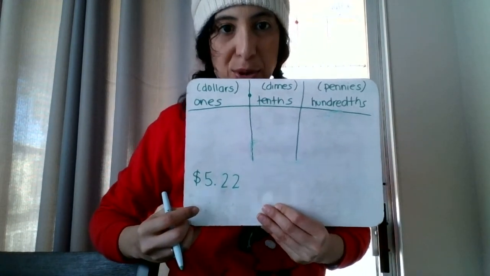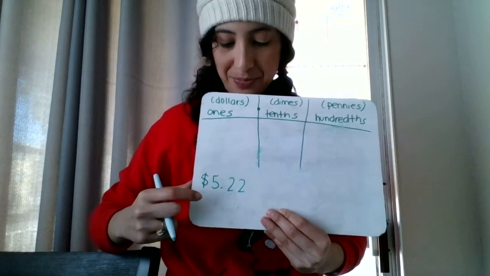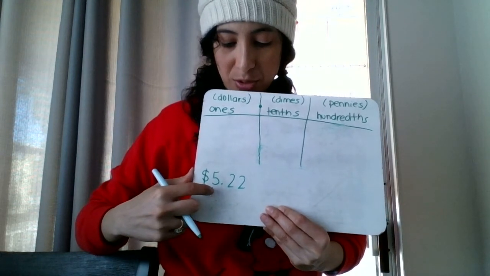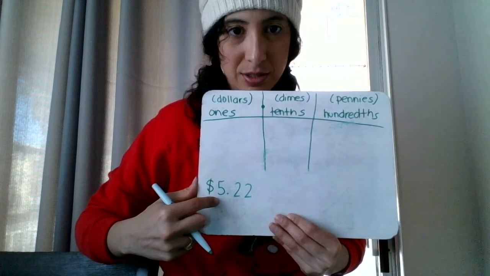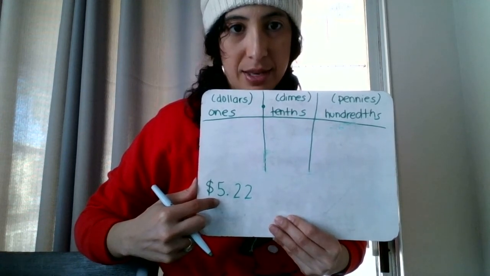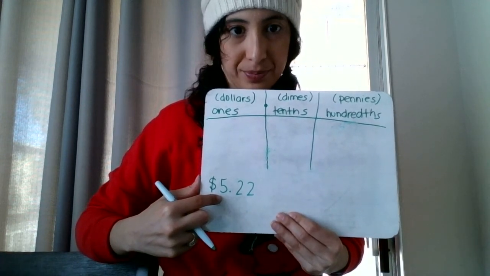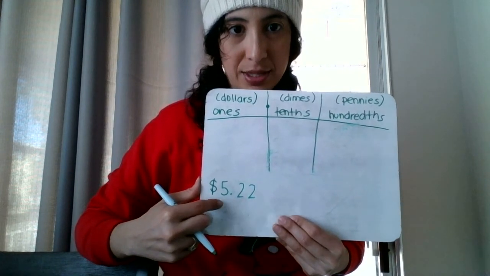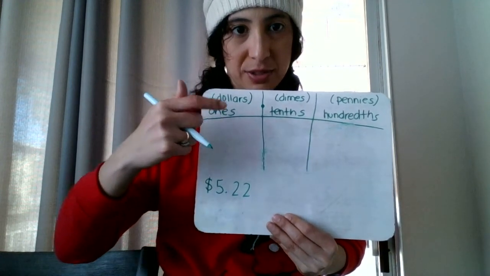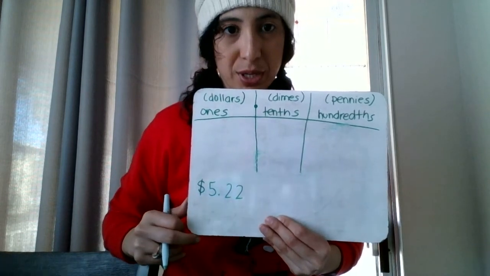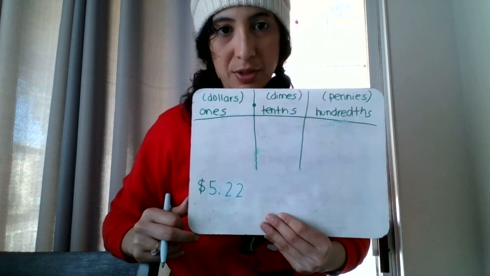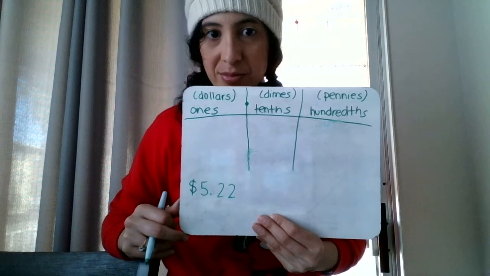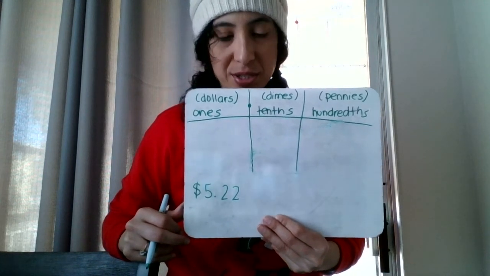On a piece of paper or in your head, okay? I want you to show me this as a fraction. And then I want you to place this into the place value chart. Where would it go? So I'll give you guys about a minute, 30 seconds to do this.